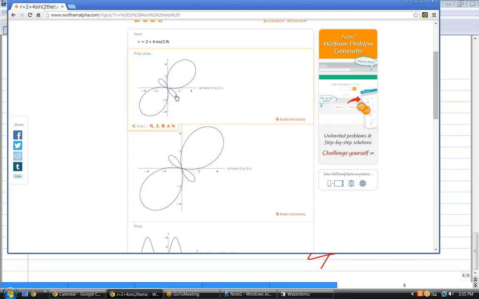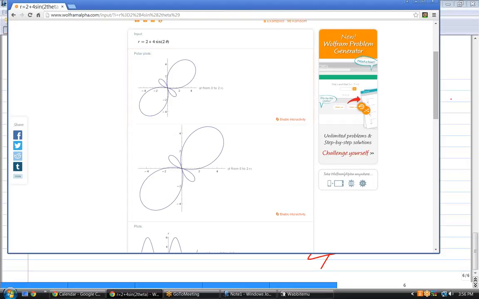Okay. And then it keeps looping, and it gets down to here, which is clearly the same distance from the origin as this point was. So r's got to be 6 there.